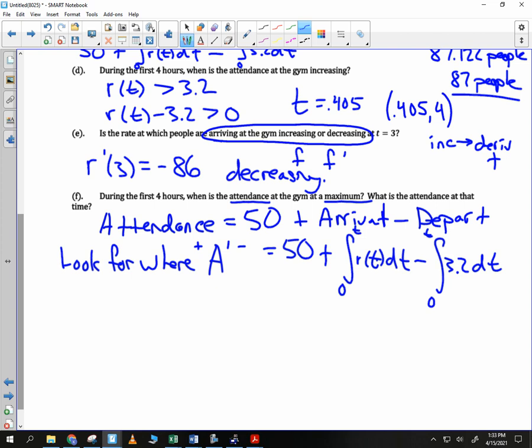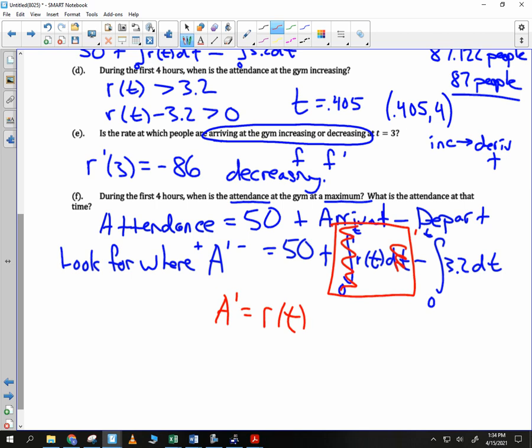So we have to take this derivative. It looks bad, but it's no big deal. What's the derivative of 50? 0. Anybody remember what happens when you take the derivative of this thing? The integral goes away and the dt goes away, leaving you with, yep, the function.